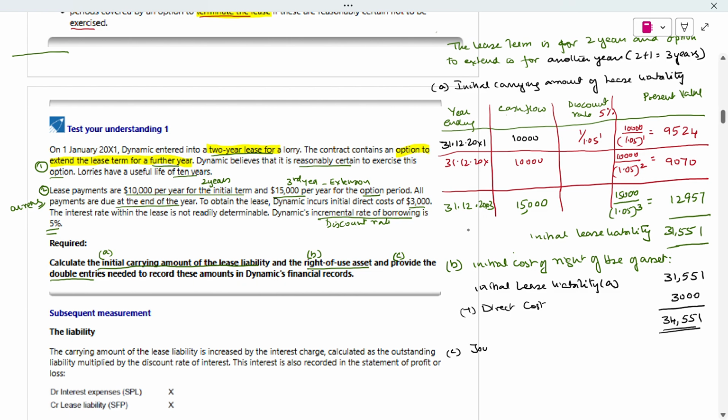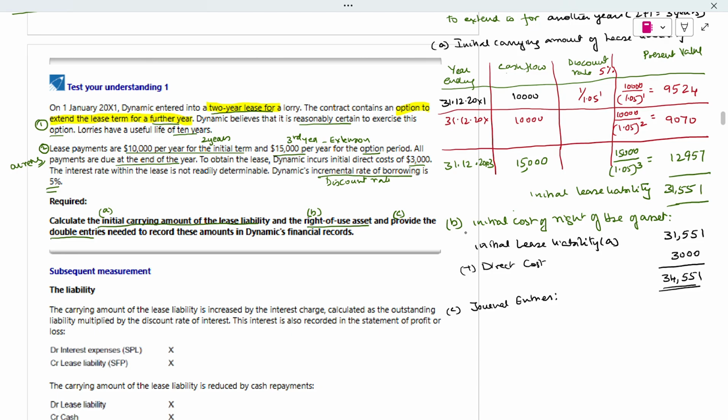We are talking about general entries. For general entry for lease liability, what is the general entry for lease liability? Can you tell me, please?